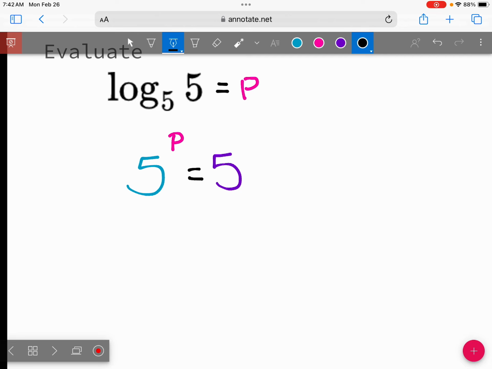What's that power going to be? 1. So log base 5 of 5 equals 1. And that's going to be true whenever your base and your argument are the same thing. Like, that's always going to happen. Log base 5 of 5, log base 7 of 7, log base 2 of 2. They always are going to match.